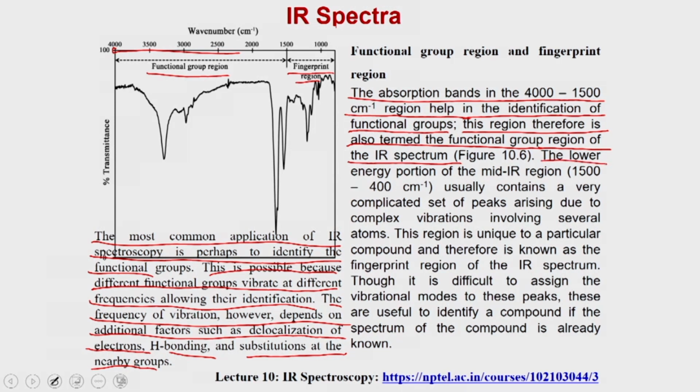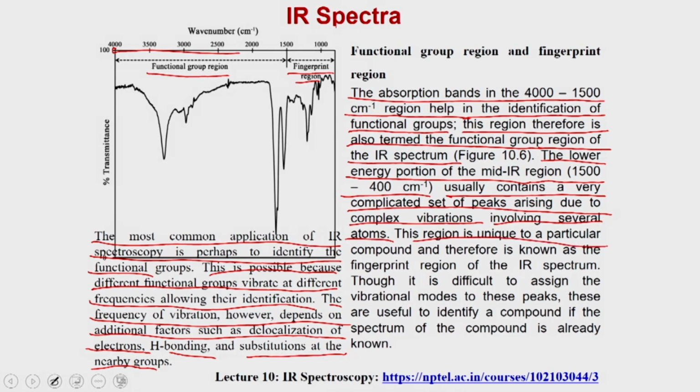The lower energy portion of the mid IR region, which is 1500 to 400, usually contains a very complicated set of peaks arising due to complex vibrations involving several atoms.